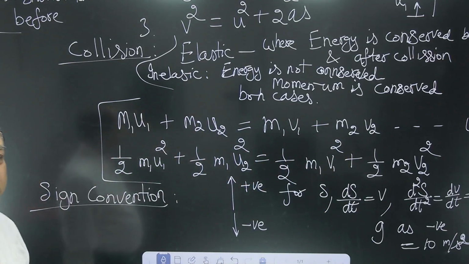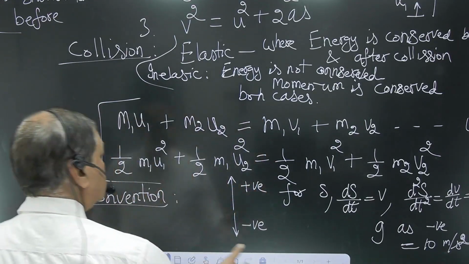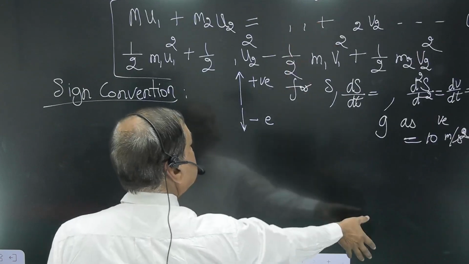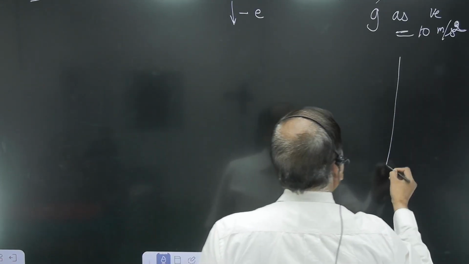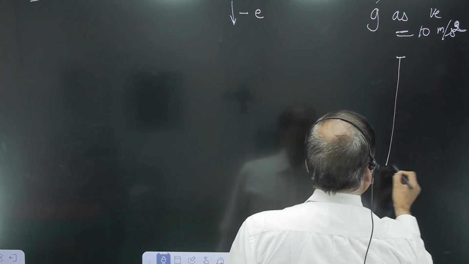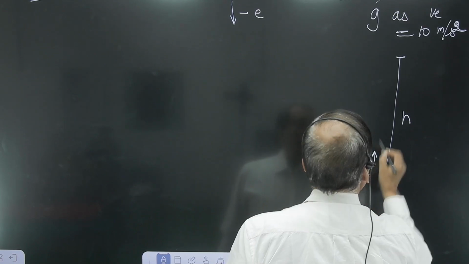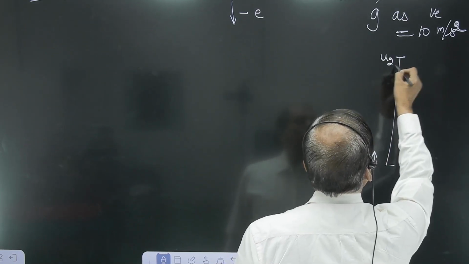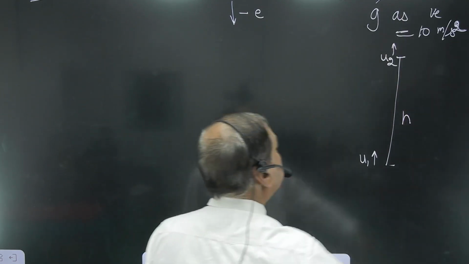Now let us start the basic derivation of this question. This is the height h. This is u1, and this is u2. With u1 speed one body is thrown upward, and with u2 the other is thrown upward.